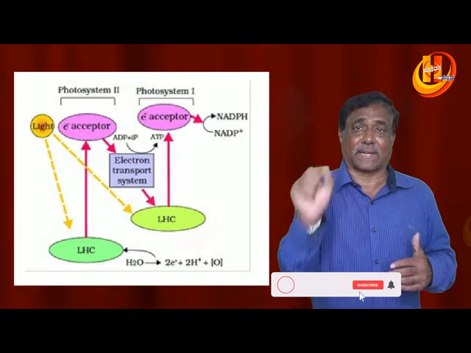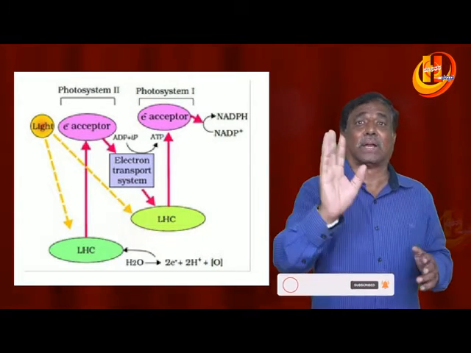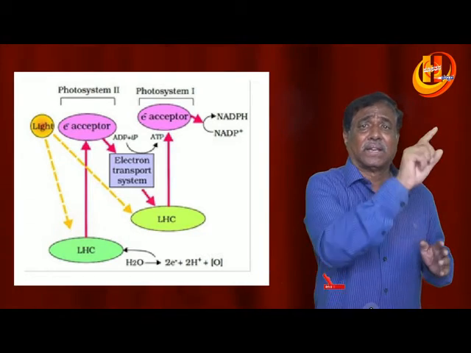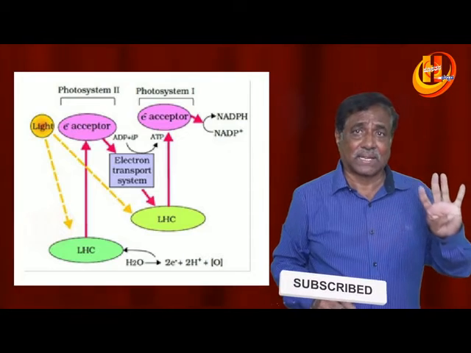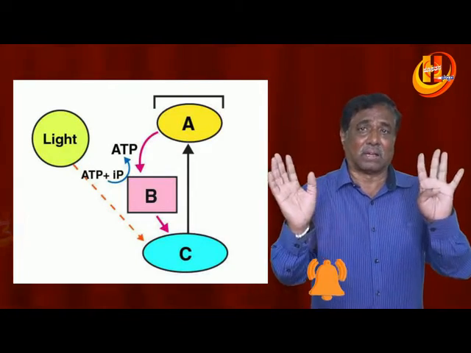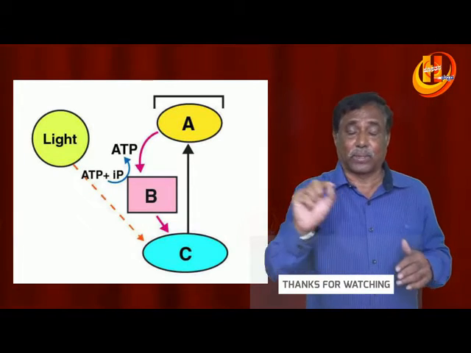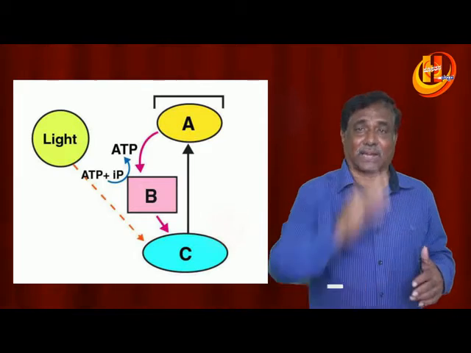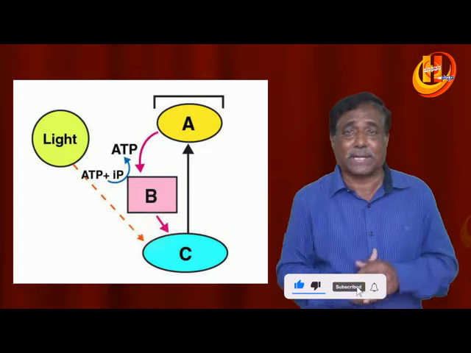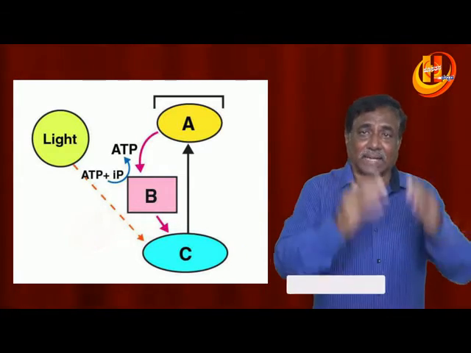These electrons, 4 H plus plus 4 E minus, give 2 NADP, giving 2 NADPH2. Thus the electrons ejected from the chlorophyll do not return to the chlorophyll. They are used up for the reduction of NADP to NADPH2, the assimilatory power.